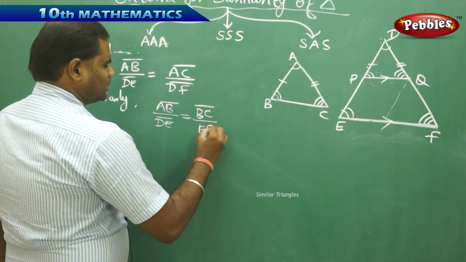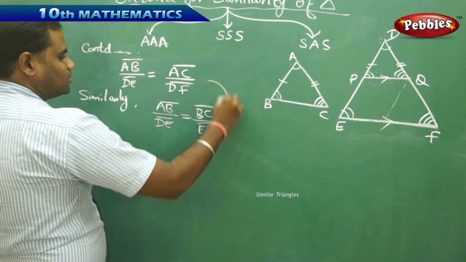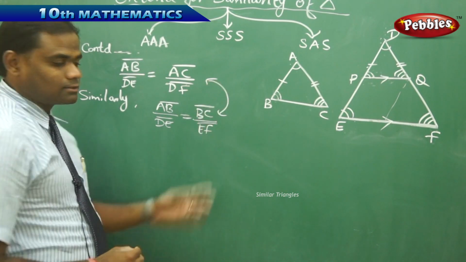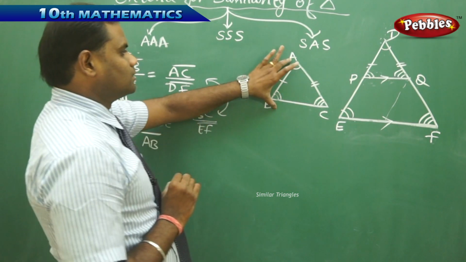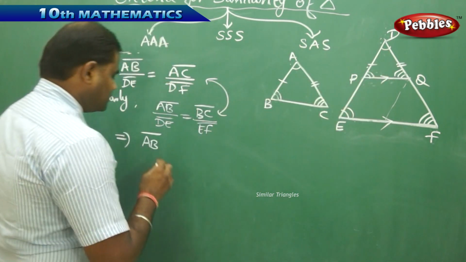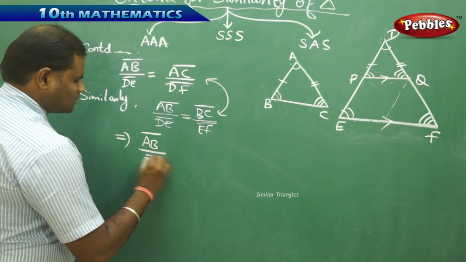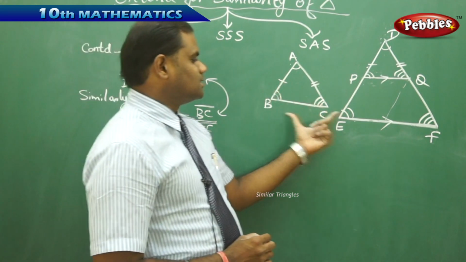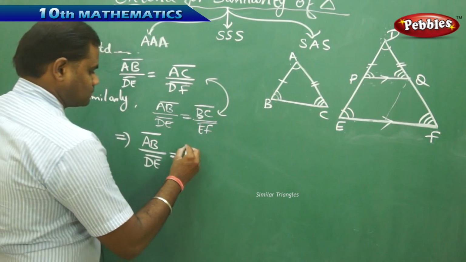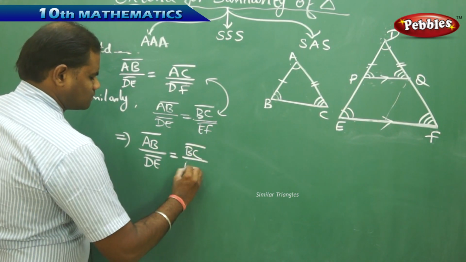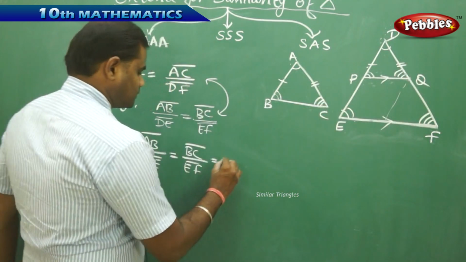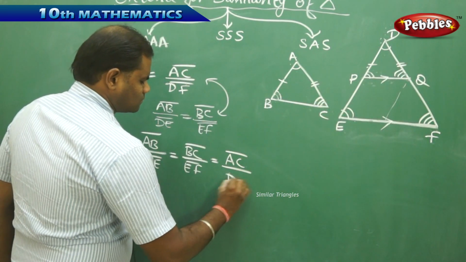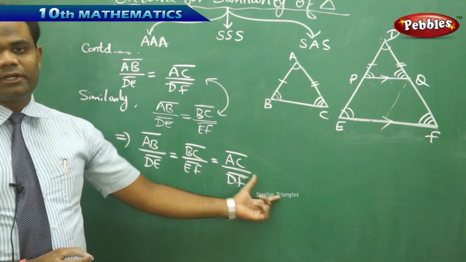Therefore, combining these two, I can show that overall the side AB by the side DE of the bigger triangle, the side BC by EF, and the side AC by DF are in the same ratio.